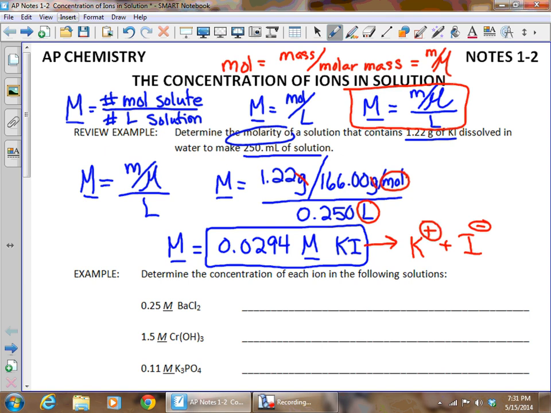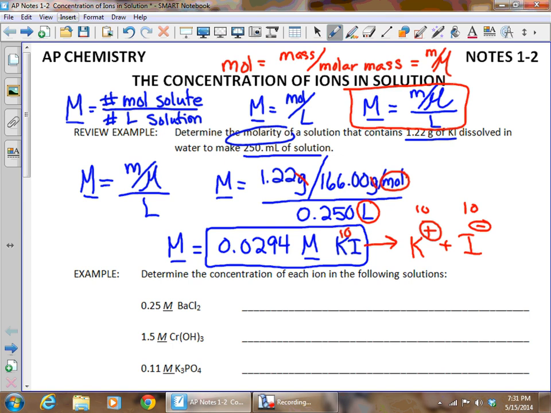So you've got 1 potassium ion and 1 iodide ion. And if we had 10 potassium iodide particles to begin with, and we put them in water, we'd get 10 potassiums and 10 iodides split apart into ions.